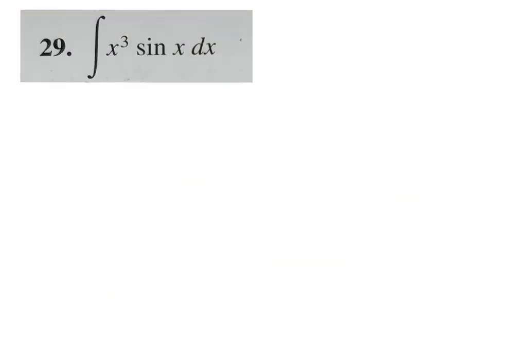So I would set it up just like I did before. U is x cubed, du is 3x squared, dv is sine of x, and v here is going to be negative cosine of x, because remember, the antiderivative of sine is negative, the derivative of a cosine is negative.